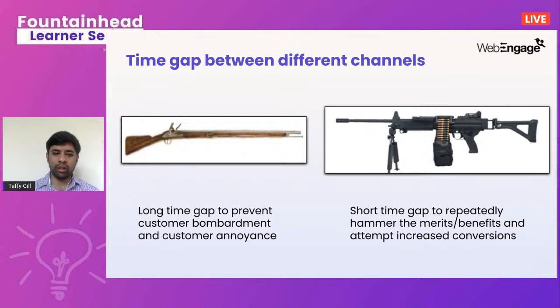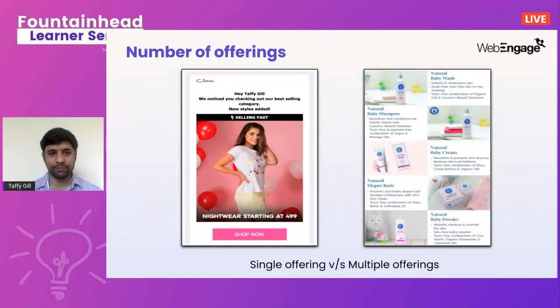So in the case of the long time gap, customer bombardment would definitely be prevented as the user is not getting repetitive communications. But the advantage in the approach that is contrary to the earlier one is that by repeatedly sending communications, you would be able to hammer the merits and the benefits of your proposition to ensure that the user doesn't end up making a purchase from your competitor. But what works for you is something that you would have to ascertain yourself by doing that A/B testing.